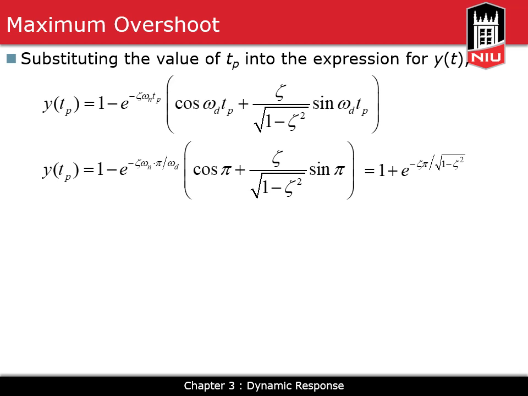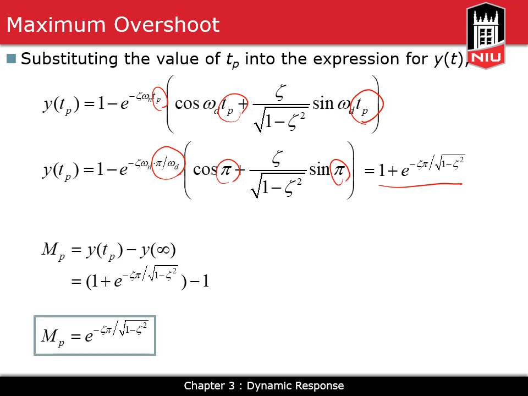So we replace Tp by pi over omega d, as you can see here and here as well. Omega d times Tp will be pi in these two places. Sine pi is equal to 0, cosine pi is 1, so the answer is simply this. This is the value of the output, y, at its peak time.